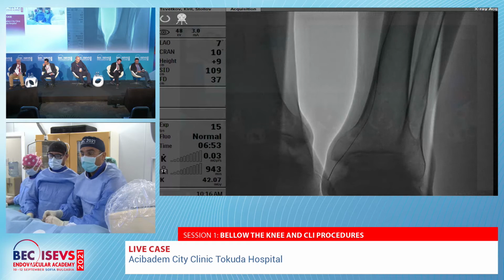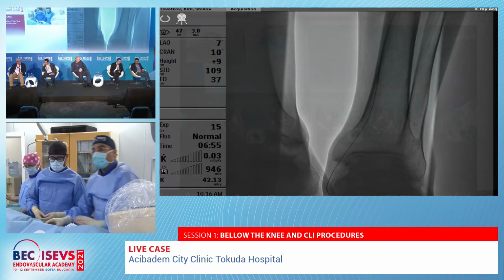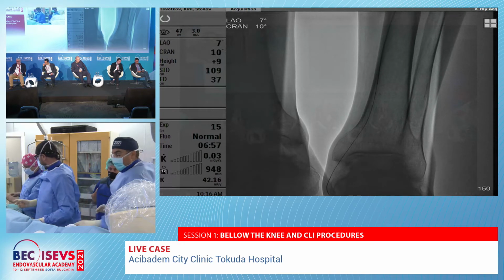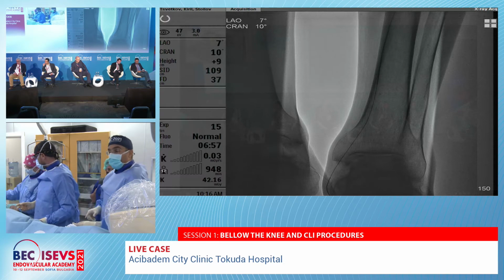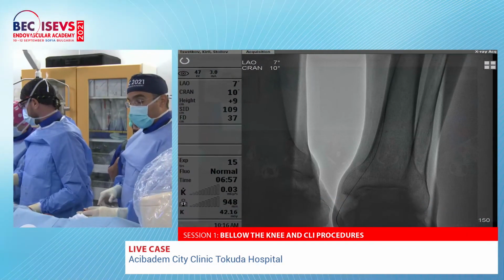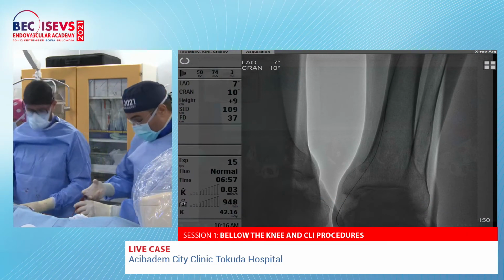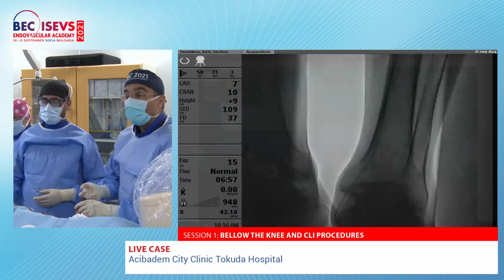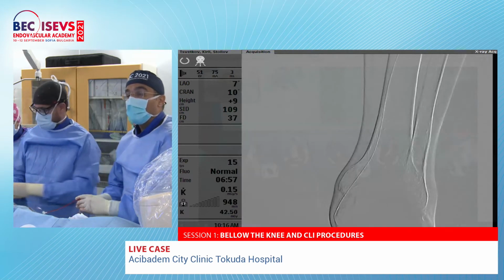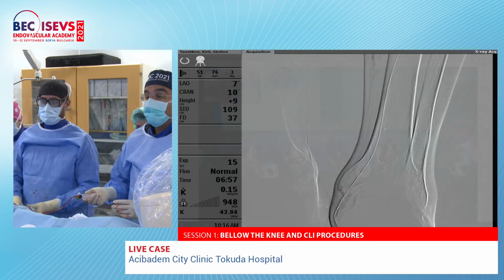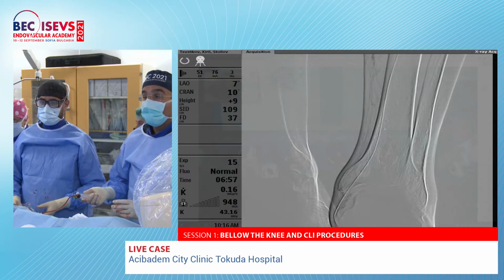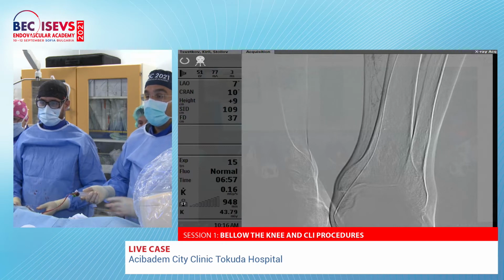Let's do an angio, because this is a 90 millimeter balloon. We cannot see anything. It's closing.